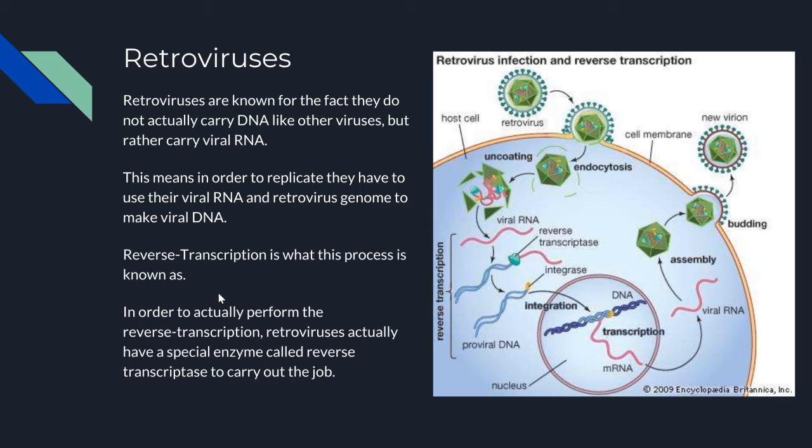And in order to replicate, they have to use the retrovirus genome in their viral RNA to make the DNA. This process is known as reverse transcription. And a fun fact about retroviruses, they carry their own special enzyme for this process, which is called reverse transcriptase. And what it does is pretty much, well, you'll see here in a minute.